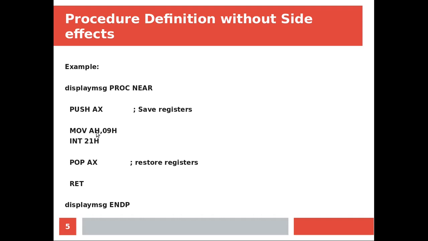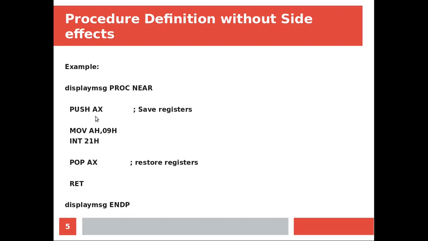So what we are doing is, at the starting we will push the content of AX. Actually the content of AH is changing, but to store into stack we can only store 16 bits.